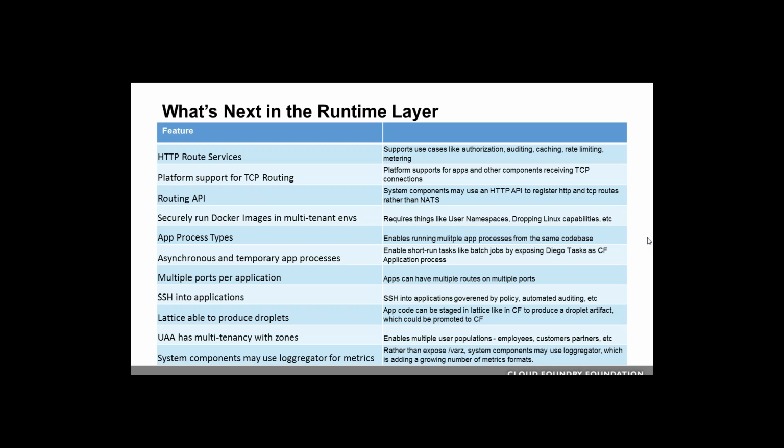So we're also working on enabling asynchronous and temporary app processes so that you could, say, just run this thing once, and we'll ensure that it runs once at a time. So you could imagine running a job just once and sort of like cron.